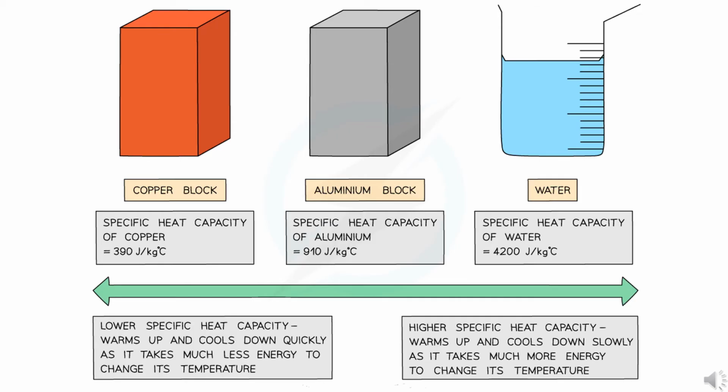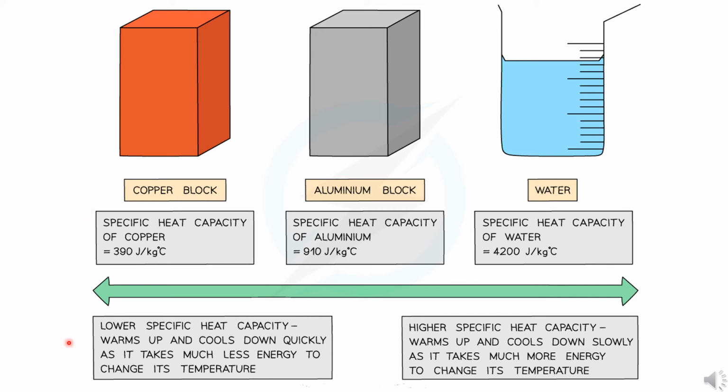Over here, we can see the diagram showing us a copper block, an aluminium block, and water. We can tell from the copper block that it has a specific heat capacity of 390 joules per kilogram Celsius. Aluminium has a specific heat capacity of 910 joules per kilogram Celsius. And for water, we have 4,200 joules per kilogram Celsius. We can tell that water has the highest specific heat capacity out of the three, aluminium is right in the middle, and copper is on the lower end.